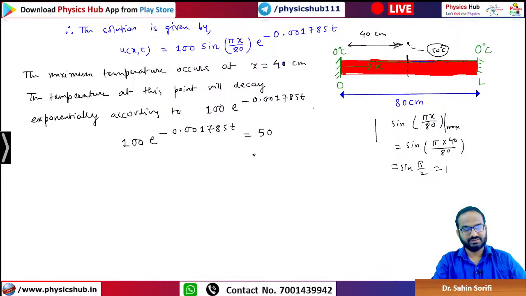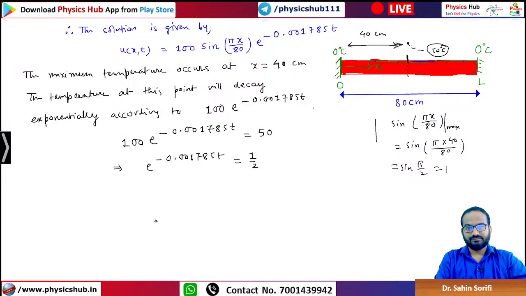Not x equals to half. So e to the power minus 0.001785 t is equals to half, 0.5.